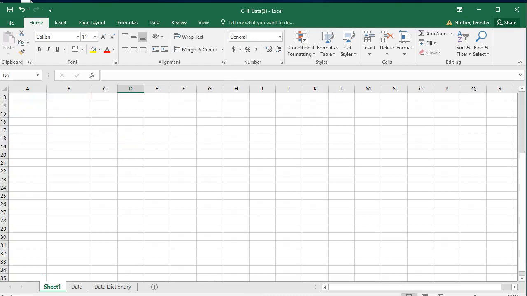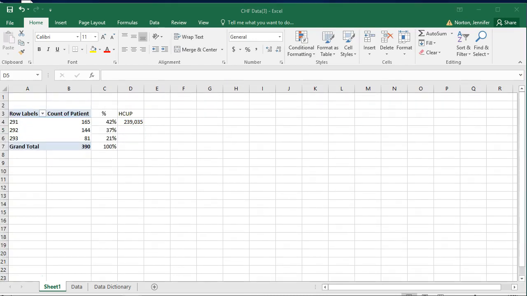So for the 292, we have 279,010. Oh, it would help if I was in the cell. 279,010. And then for our 293 DRG, we have 114,680. And then we need to sum that.